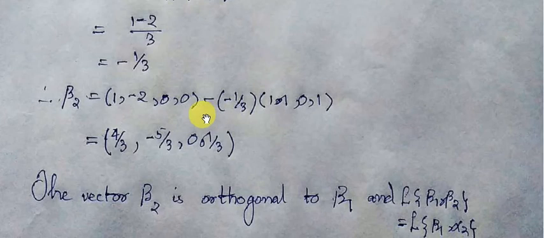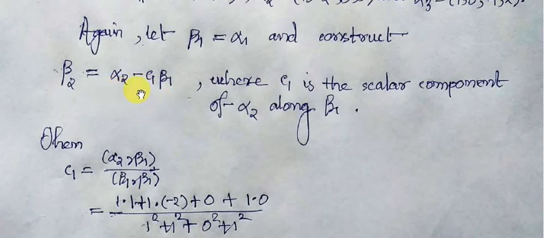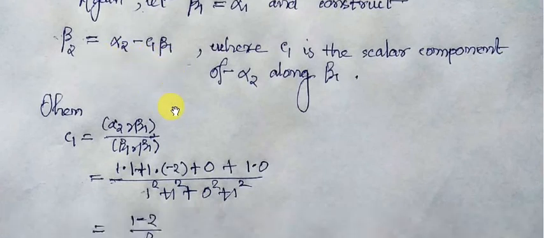After simplification the beta 2 vector is (4/3, -5/3, 0, 1/3). Beta 2 we have constructed in this way.